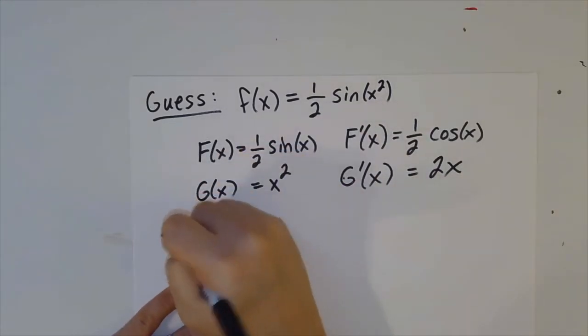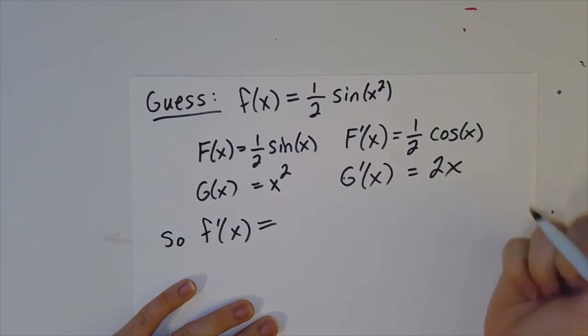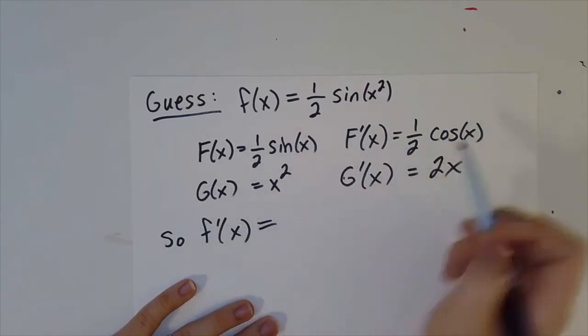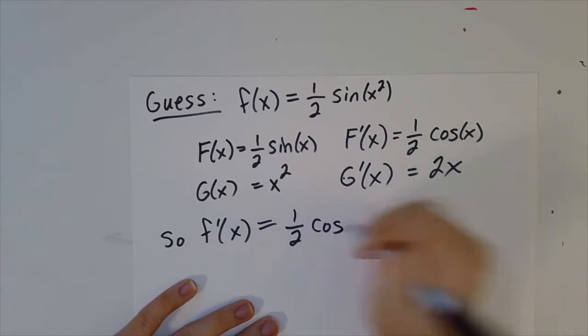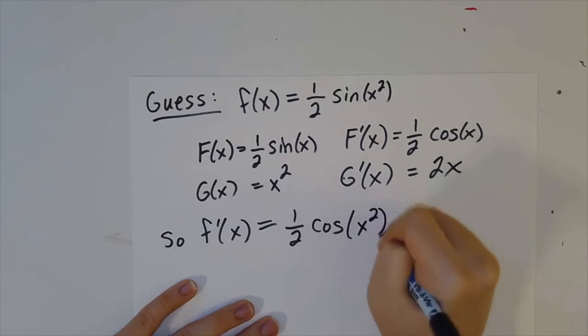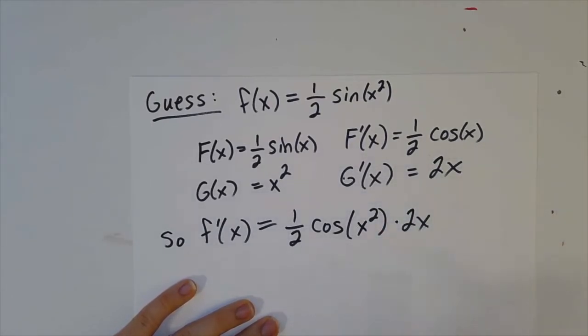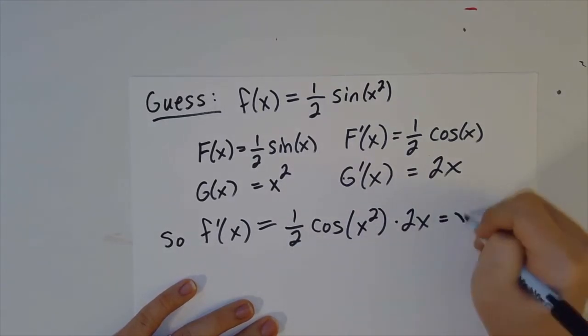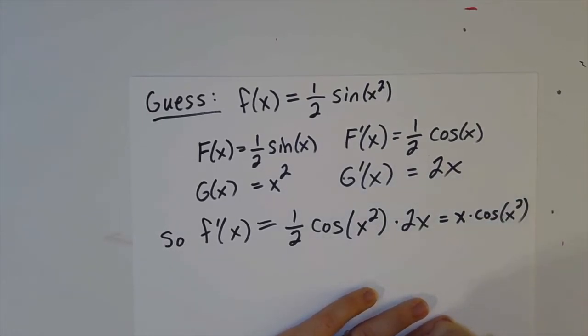So little f prime of x here is f prime of g, so it is 1/2 of cosine of x squared times g prime of x, which is 2x. And if I move the x to the front and cancel the 2 and the 1/2, that will in fact be x times the cosine of x squared. That's the thing I wanted.